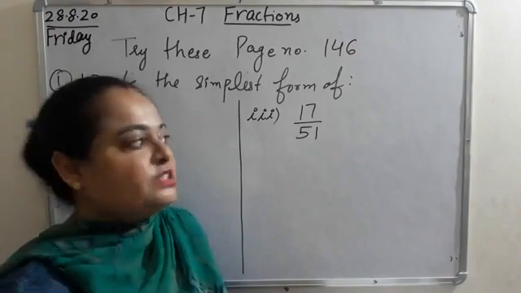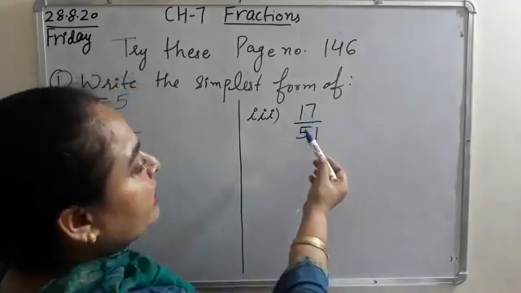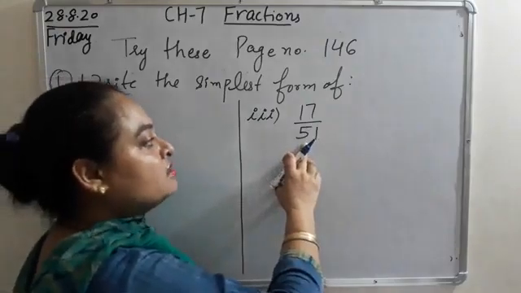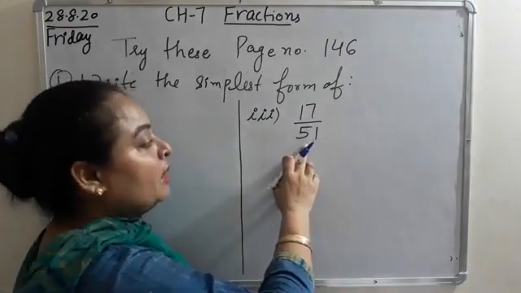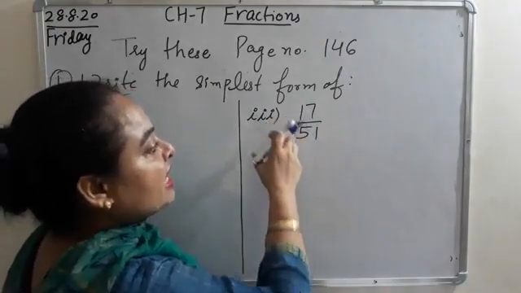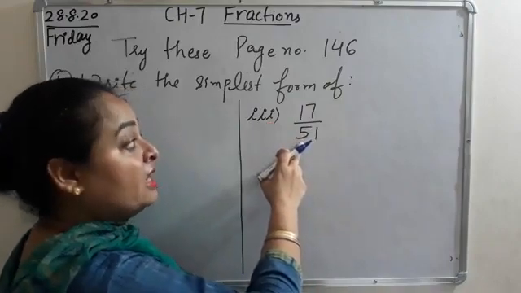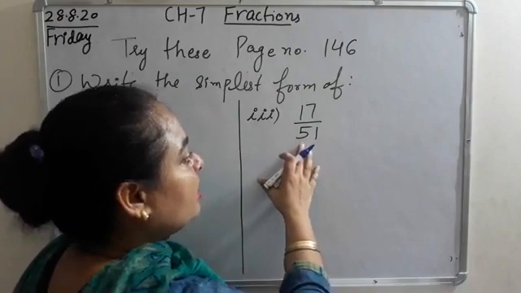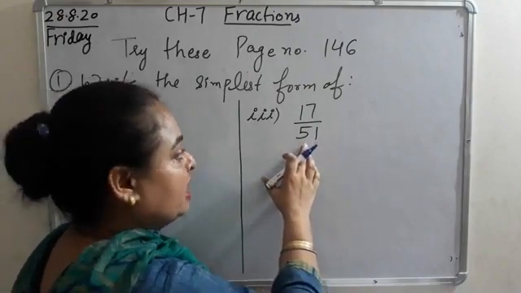Now see part 17 by 51. This form is not the simplest form because 17 and 51 have a common factor and the common factor is 17.